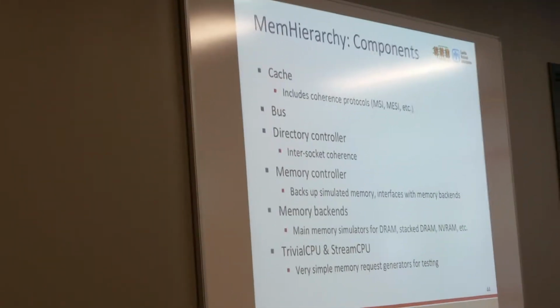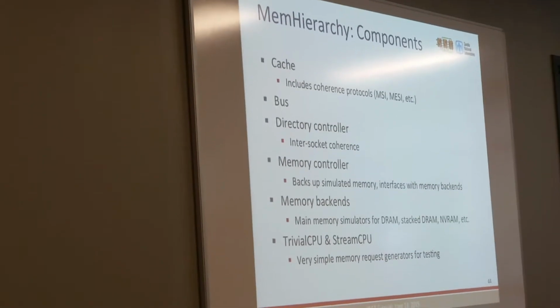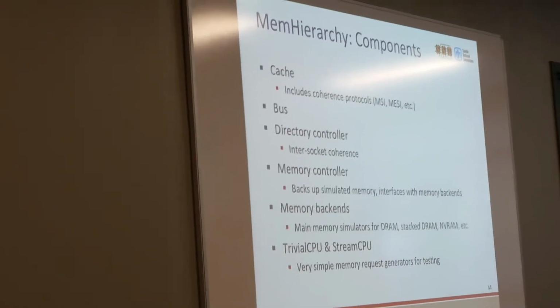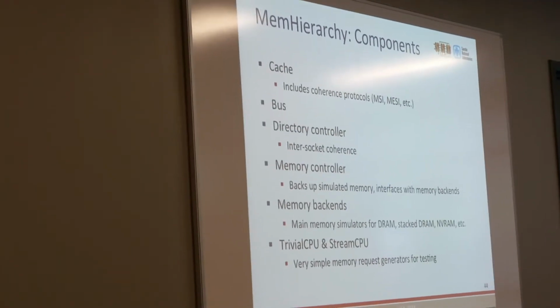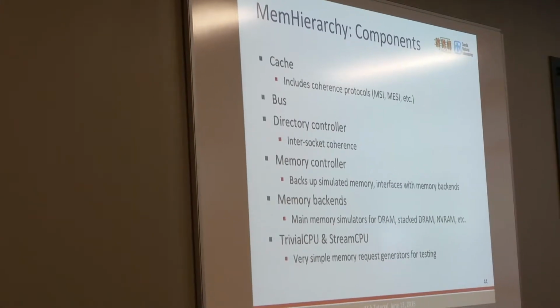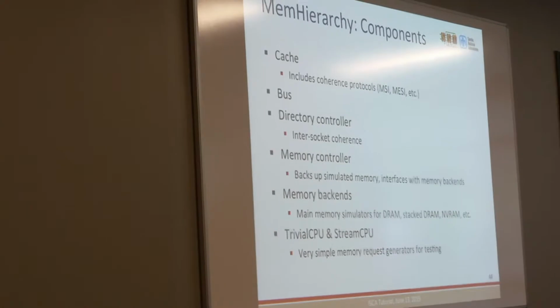There are buses, shared buses for coherency, or they can connect point to point. There's also directory controllers, including ones which model inter-socket coherence, or ones which are not aware of that.